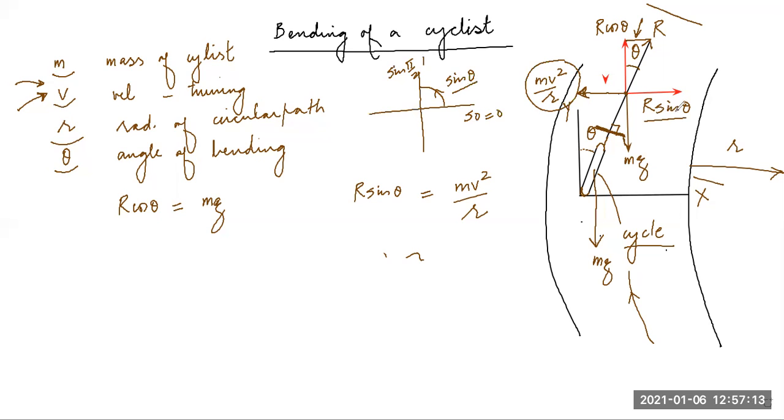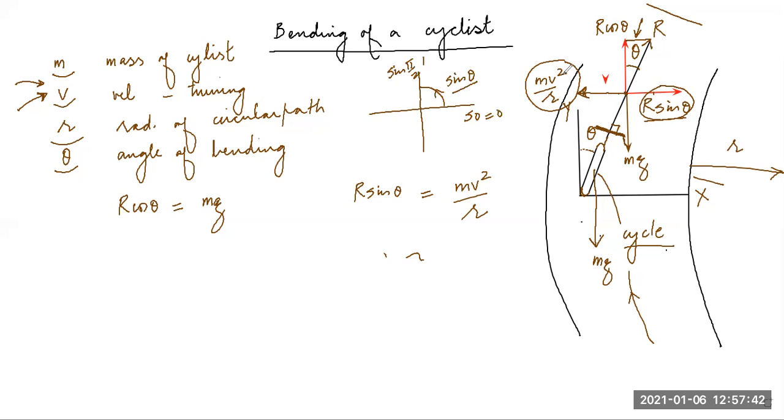From this we can judge that when theta is increasing, R sin theta will also increase. That means it will be able to balance more centrifugal force, so even when v is increasing, it can balance mv square by r at higher velocities.